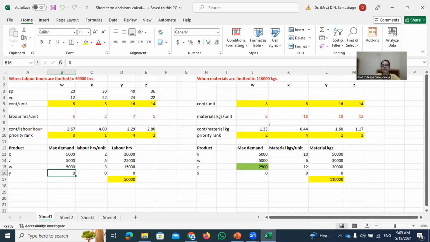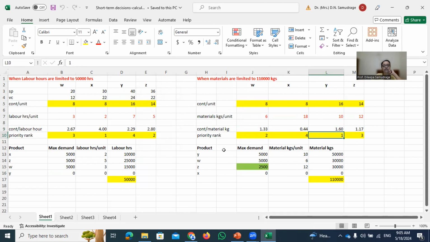So you will get the same figures 6, 18, 10 and 12. Then you get contribution per material kilogram, right? Then you can give the priority rankings. Because this gives you the highest contribution per material kilogram, you produce this one first, secondly this, thirdly this, likewise.